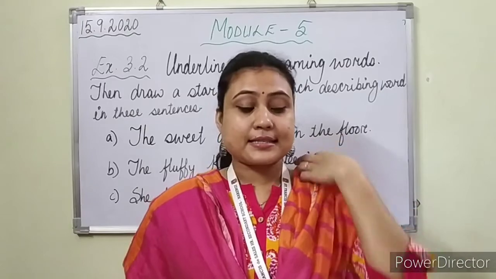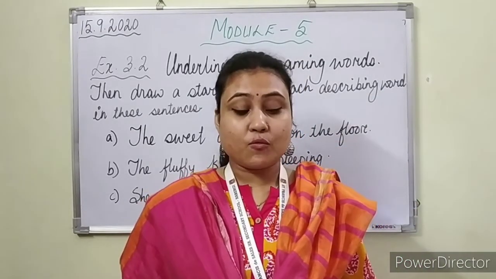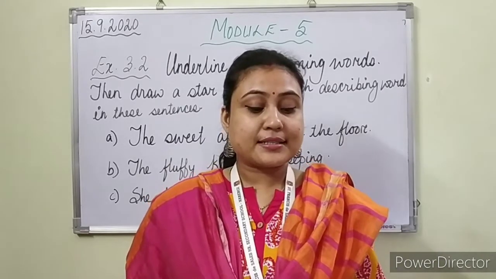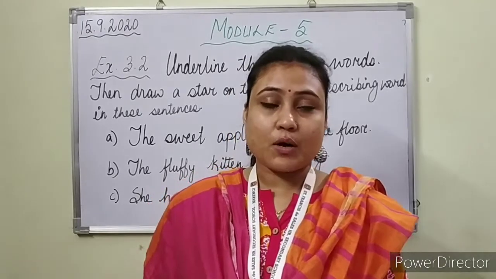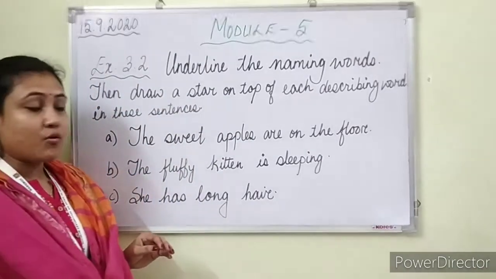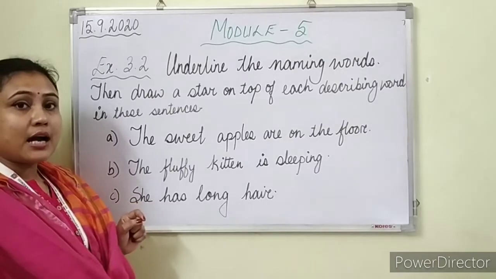Coming to the next exercise, exercise 3.2. Underline the naming words, then draw a star on top of each describing word in these sentences. So we have to underline the naming words, and then on top of the describing words we have to make a star.